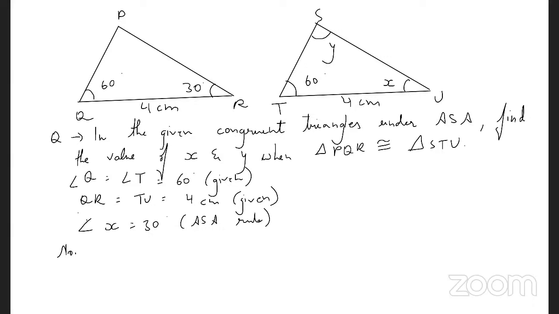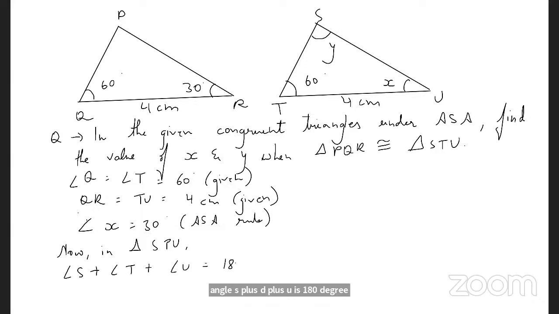Now, in triangle STU, angle S plus T plus U is 180 degree, because we know that the sum of all three angles of a triangle is 180 degree. What is Y, angle S? Angle S plus T, we know 60 degree, plus U, we know is 30 degree, equals 180.